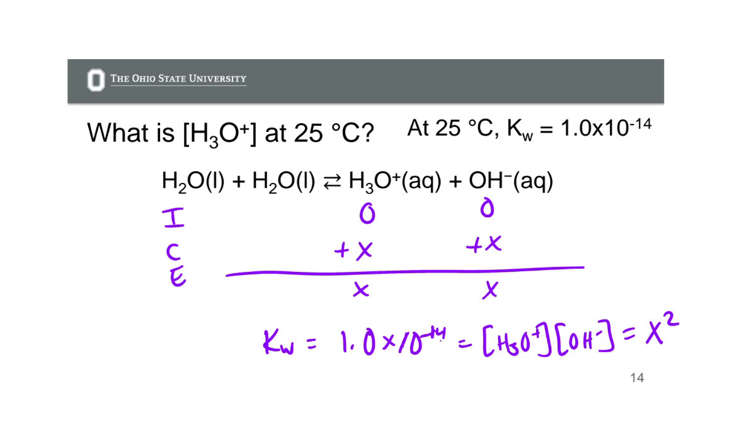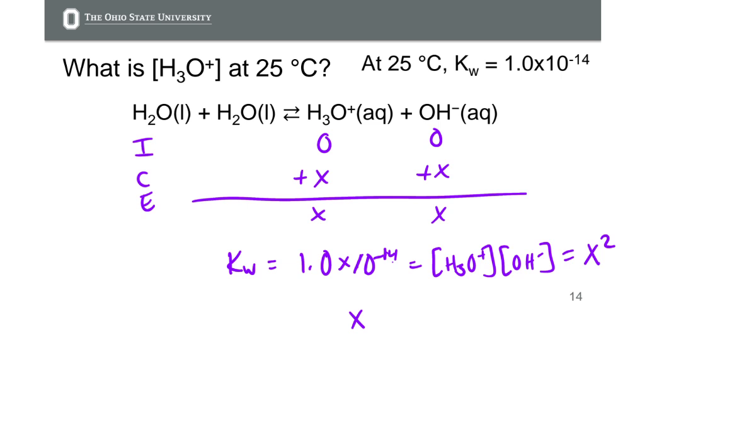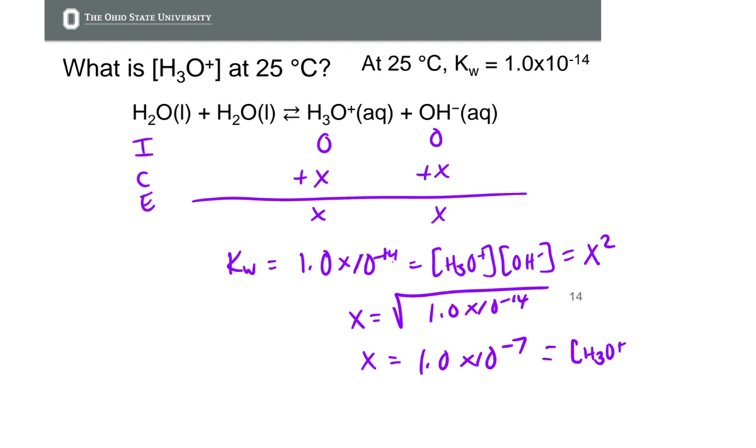If we take the square root of both sides, we'll get X is equal to 1 times 10 to the minus 7. And this is equal to both the H3O plus concentration, and even though I'm working ahead to the next slide, the OH minus concentration as well.